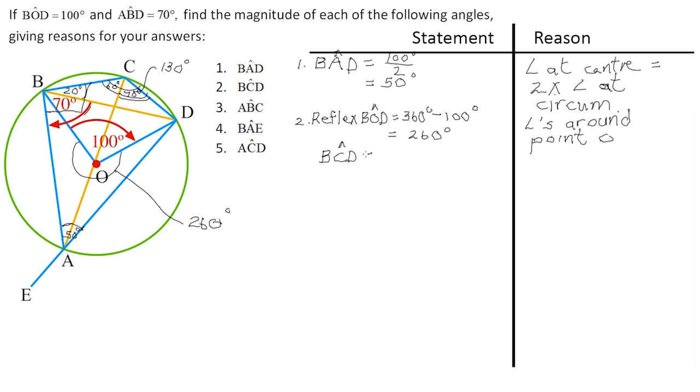BCD will be equal to that 260 divided by 2, and that is equal to 130 degrees. Same reason, angle at center is equal to 2 times angle at circumference.